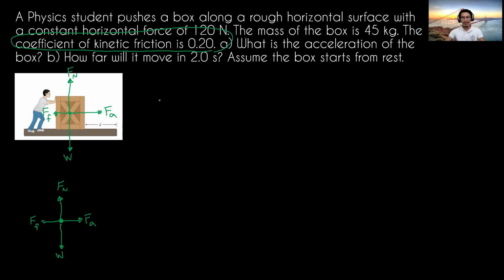So let us identify next the required variables dito sa ating problem. Ano-ano ba yung mga required variables natin? Una, given variables pala. A physics student pushes a box along a rough horizontal surface with a constant horizontal force of 120 Newton. So this 120 Newton is the force exerted by the physics student.